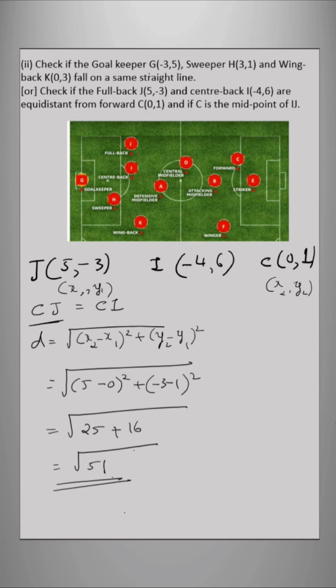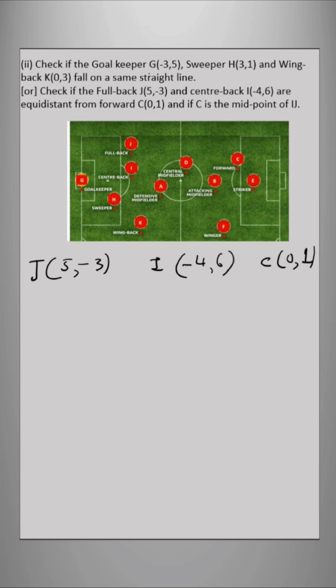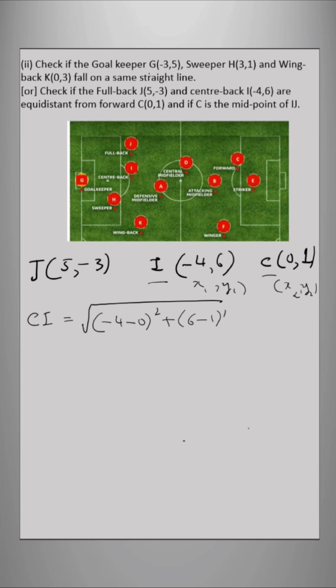Now let us check the distance CI. Again we have to use the distance formula. Let this be x1, y1, this be x2, y2. So this is (negative 4 minus 0) the whole square plus (6 minus 1) the whole square. This is 4 square 16, this is 5 square 25, that is equal to root of 41.